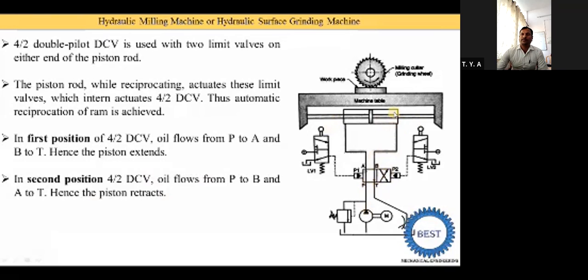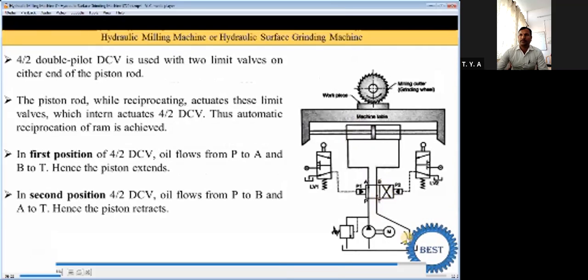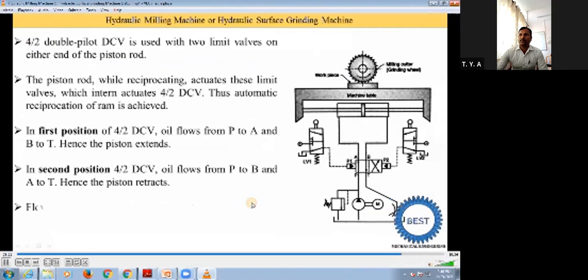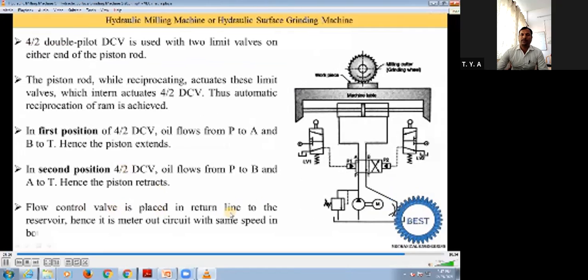This oil applies force on the piston and the piston starts to move from right to left. It is called retraction. At the same time some oil present on the left side of the piston is supplied to the A port, and the A port is connected with the T port. Means oil is supplied to the T port, and from the T port oil goes to the reservoir or oil tank. Flow control valve is placed in the return line. So here you see this is the return line, and in the return line the flow control valve is put.